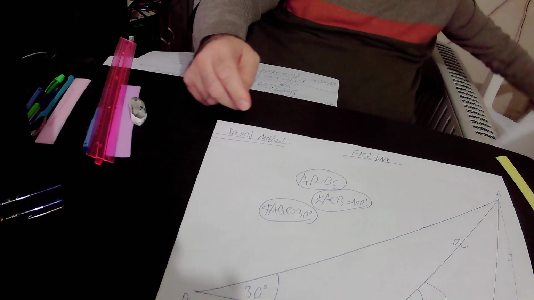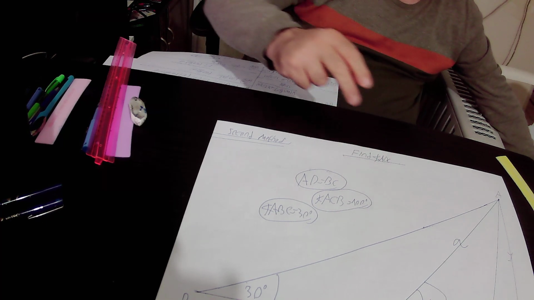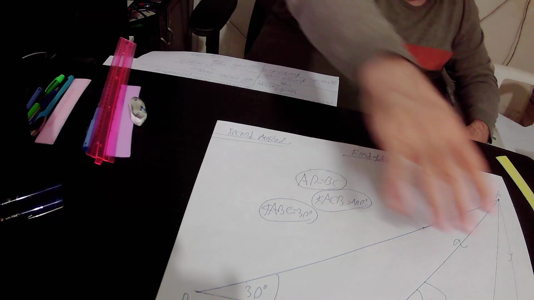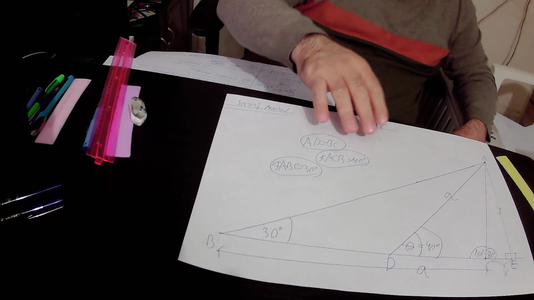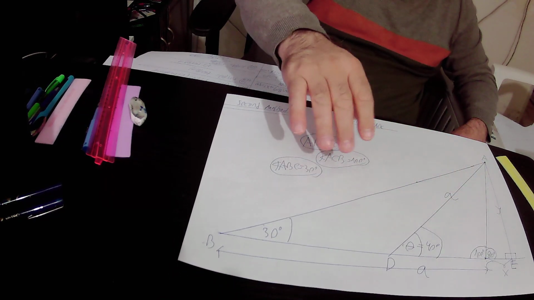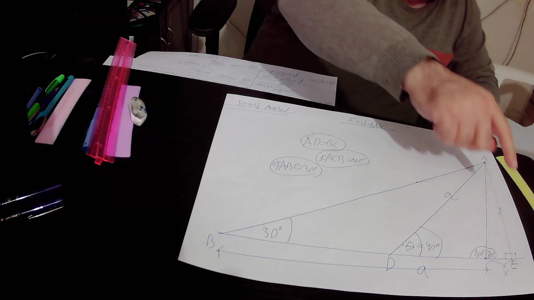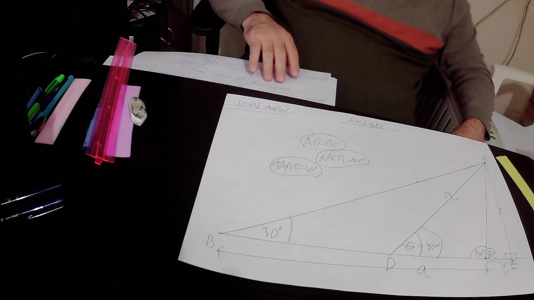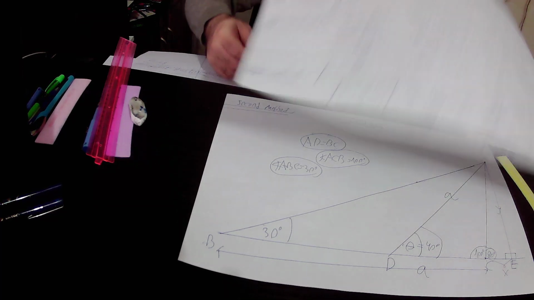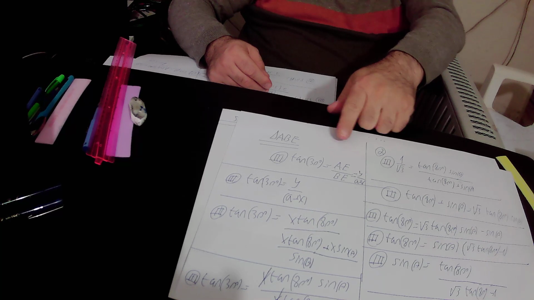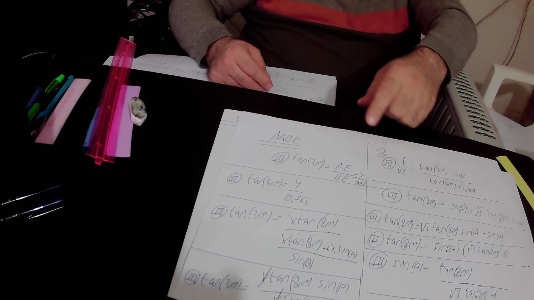Then we focus on the big right triangle, triangle ABE. On the right triangle ABE, we know that tangent 30 degrees equals AE over BE.